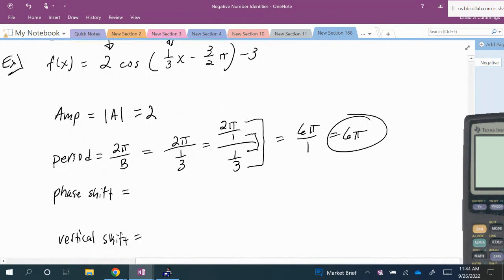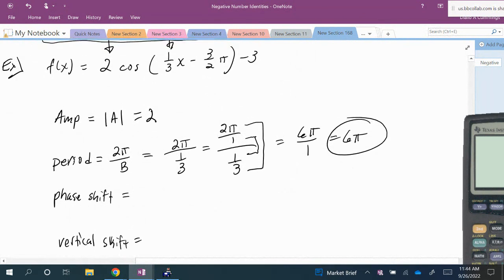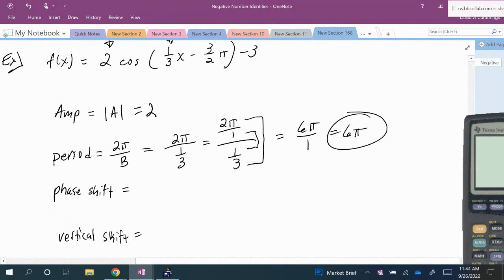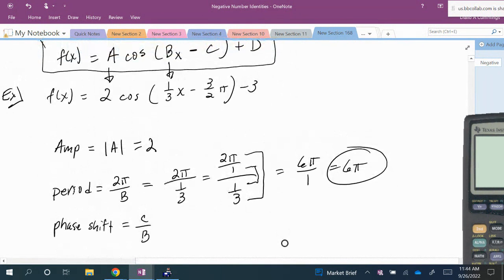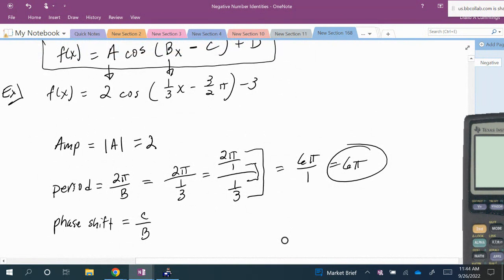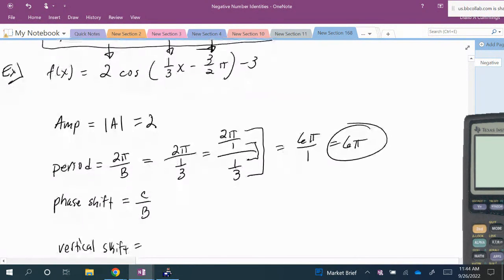Next, we have the phase shift, and the phase shift also has a formula. It's c over b. If I take a look at c, that's going to be 3/2 pi, and b is going to be the coefficient of x, which is 1/3.